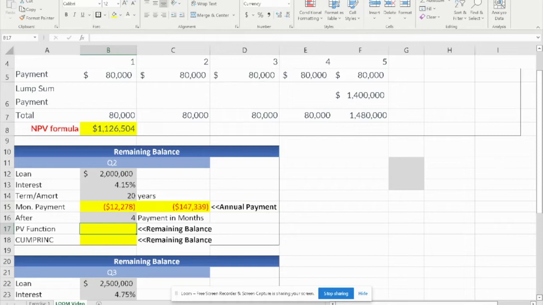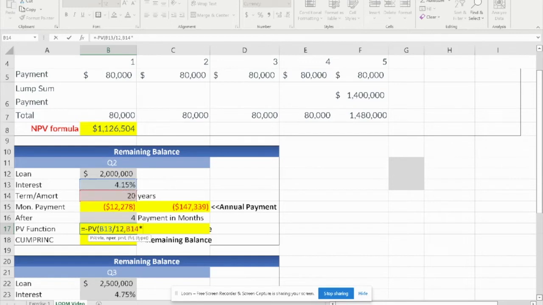So Excel has that. And when you're calculating present value, since it is a loan, you're going to have it be negative. So it's negative PV. And again, it has the formula in here for you to calculate present value. It's going to be the rate, and you're going to divide that by 12. And it's asking you for the number of payments. The number of payments is 20 years times 12.